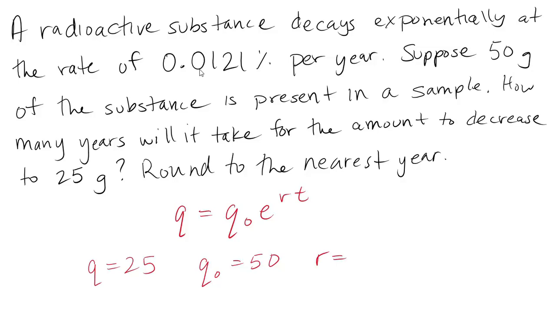R needs to be converted to a decimal, so we're going to move that decimal point 2 places to the left and get 0.000121. And also remember, this is a decay model, so r needs to be negative. t is the time, and that's the question. How many years will it take? We don't know. 25 equals 50 e to the negative 0.000121 t.